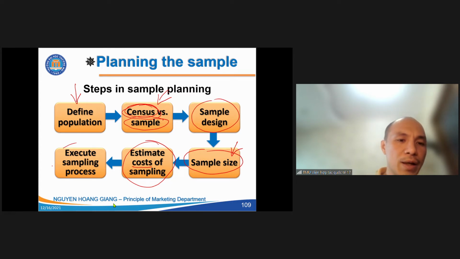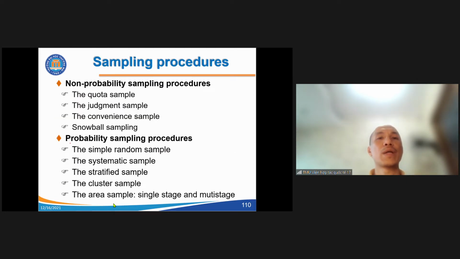Then execute the sampling process. When we do the sampling procedures, that includes the non-probability sample procedures and the probability sample procedures.